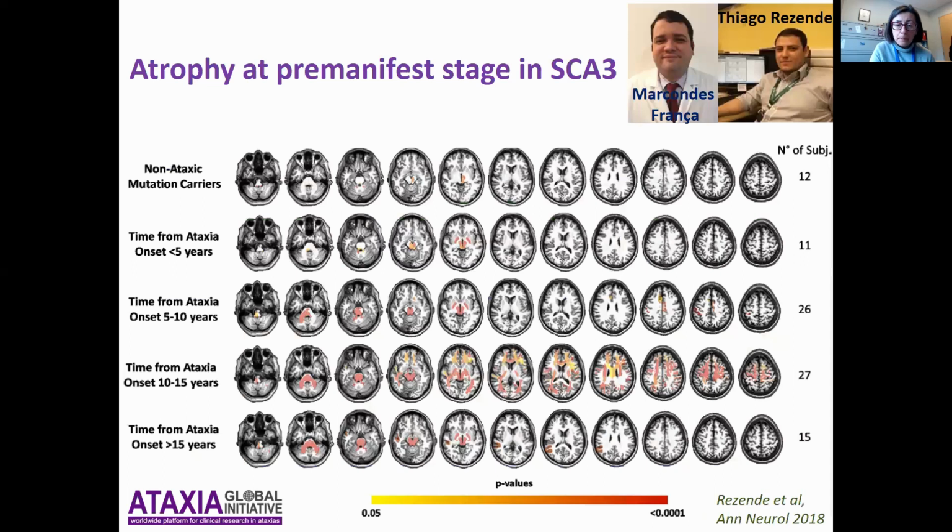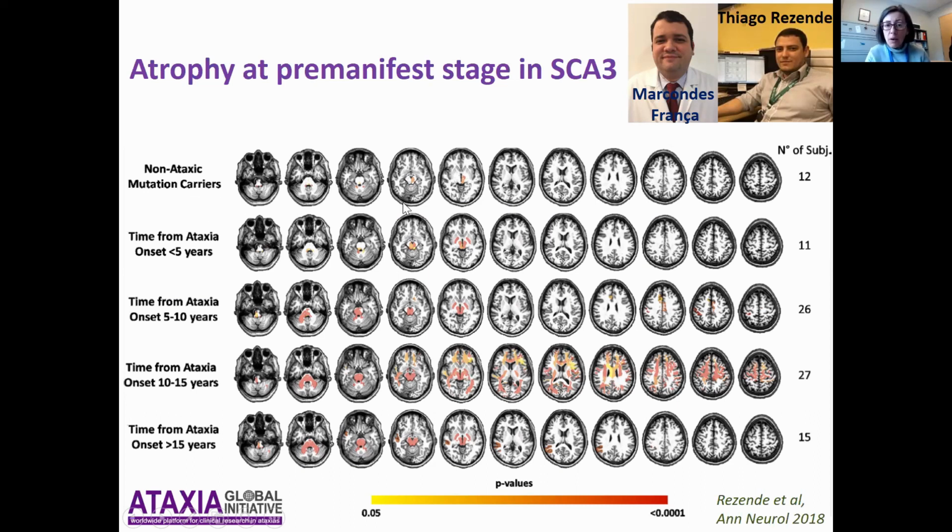Well, how about access to these changes at the different disease stages? Here I have a very nice example from a large study in SCA3, where they subdivided their cohort based on their time from ataxia onset. And they also had individuals who were not showing any ataxia signs and symptoms yet.